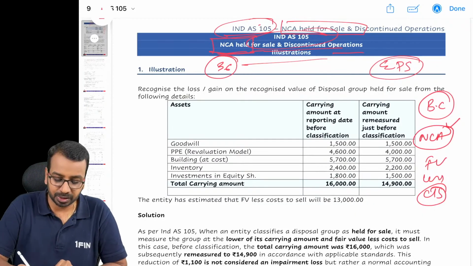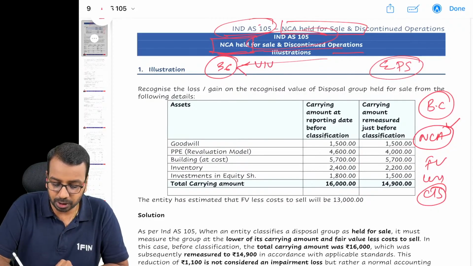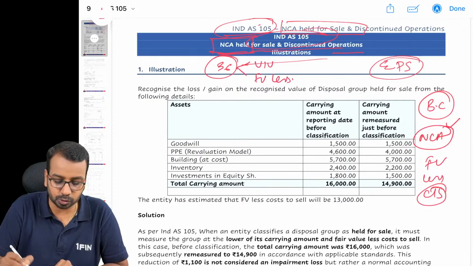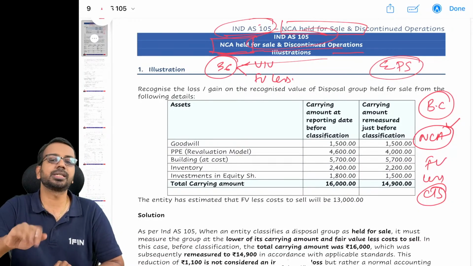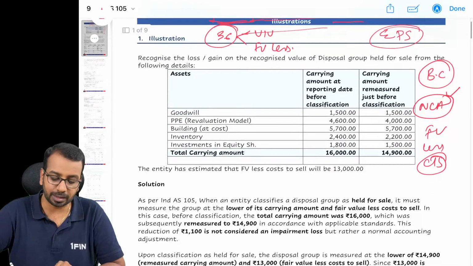Another important thing, in Ind AS 36 we compute value in use and fair value less cost to sell. Here we will only consider the selling value. We will not consider value in use because we are not doing the valuation.